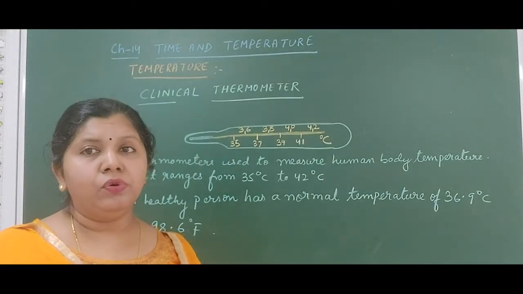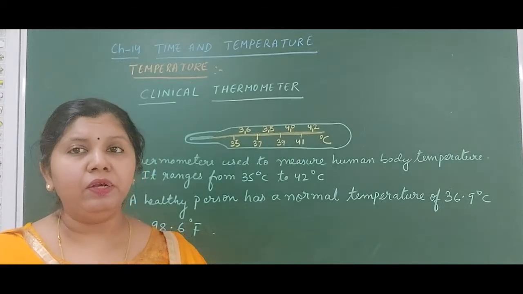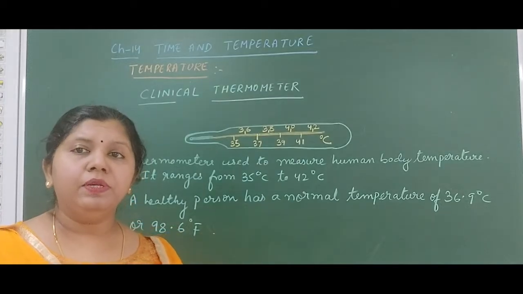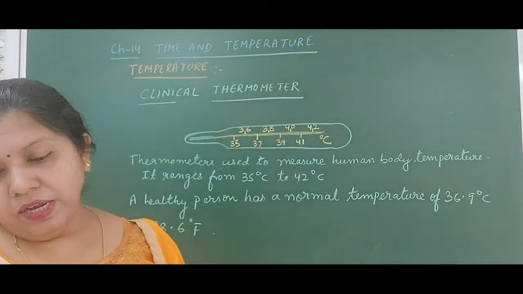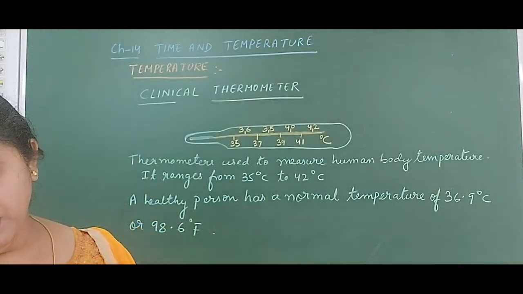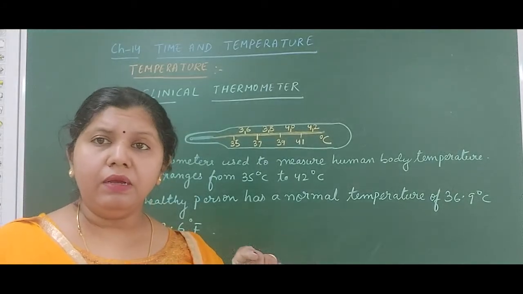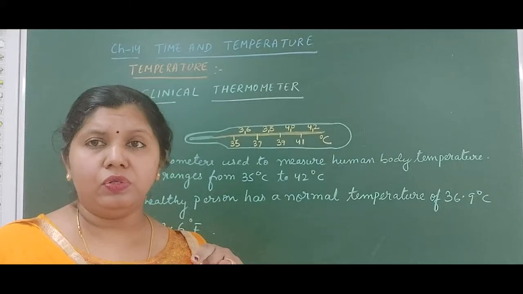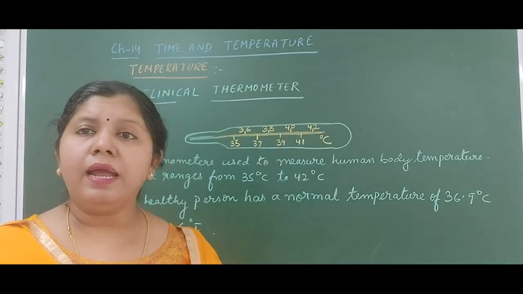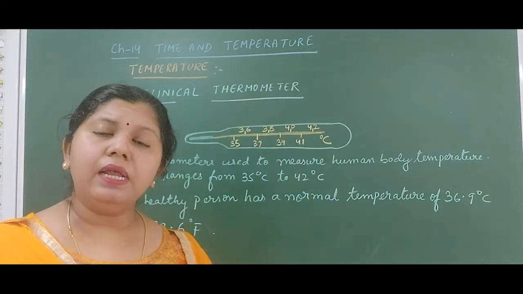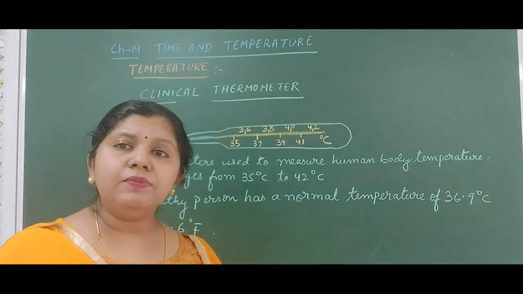The mercury expands to the point of the temperature of the human body. Then it stops for a while, holding the temperature after reading. After reading the temperature, the doctors generally note it down, give the medicine, and again measure the temperature. Why is this process done?